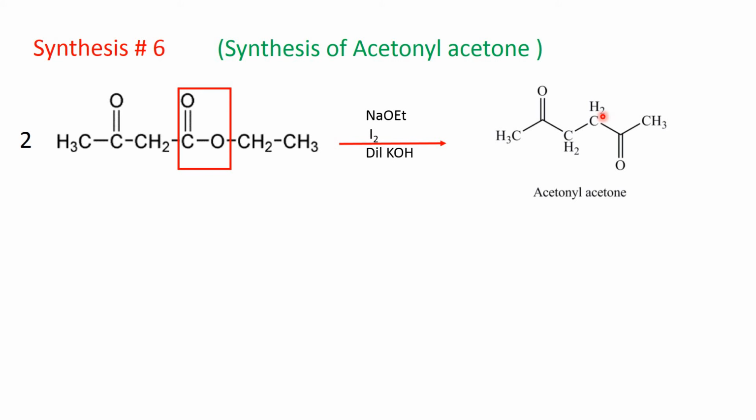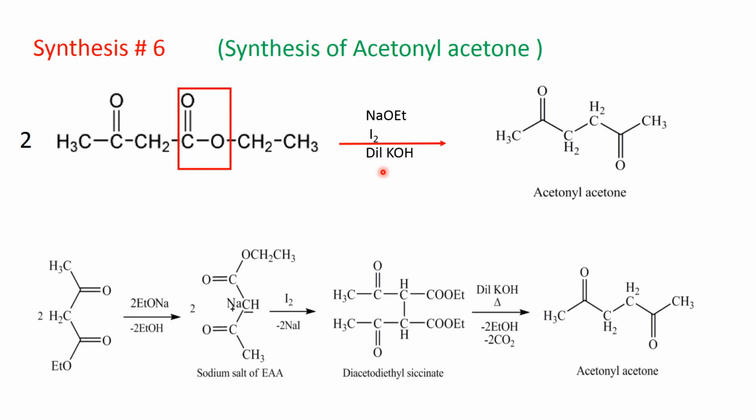The reagents will be sodium ethoxide to prepare the carbanion, then iodine to join these 2 molecules, and then dilute potassium hydroxide for ketonic hydrolysis. So, here the carbanion is formed, then with iodine this part will be joined, and then cleavage for ketonic hydrolysis. After cleavage, from this part, look at here, CH3CO, this part will be CH2, then CH2CO, CH3. So, acetonyl acetone.